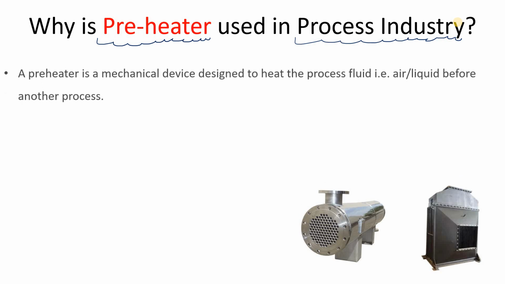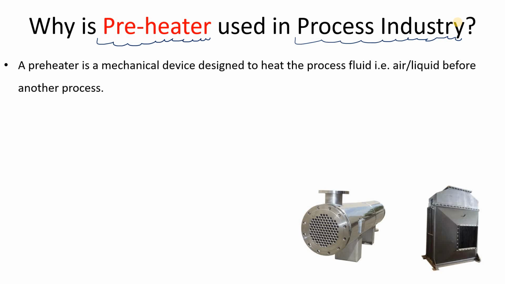Okay, so let's start with what a preheater is, basically. A preheater is nothing but a heat exchanger. It is a mechanical device which is designed to heat the process fluid, whatever your main fluid is, that is called the process fluid.